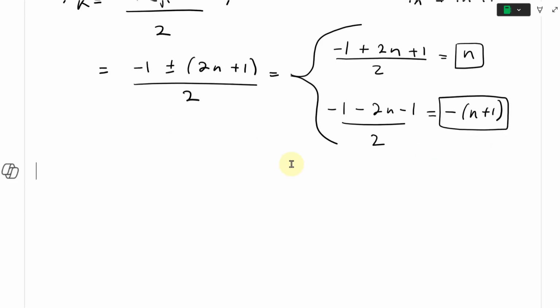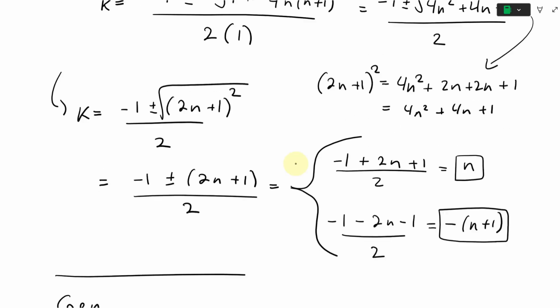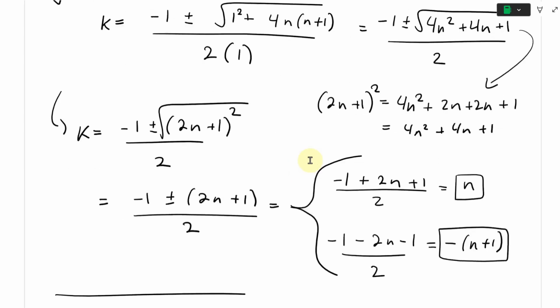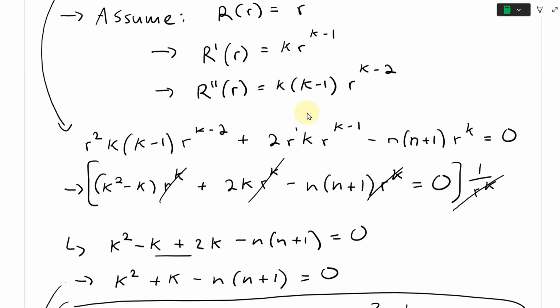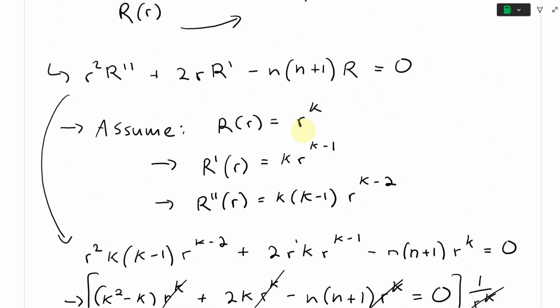Okay, that's pretty straightforward. So thus, the general solution, I'll just put it like this. So that is what r to the k is, the basis solution.